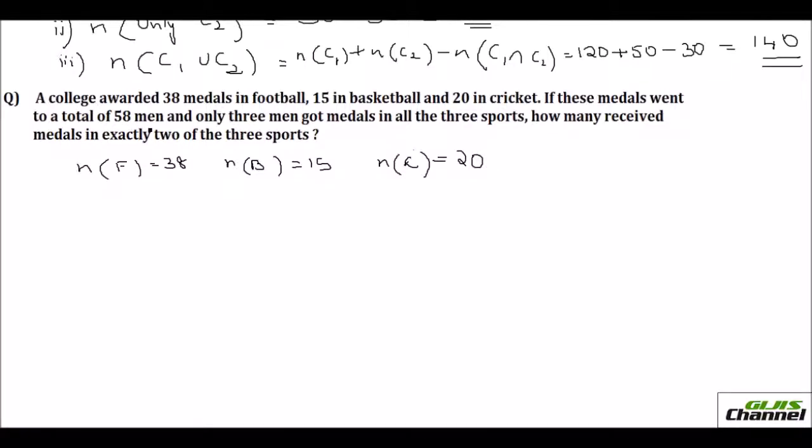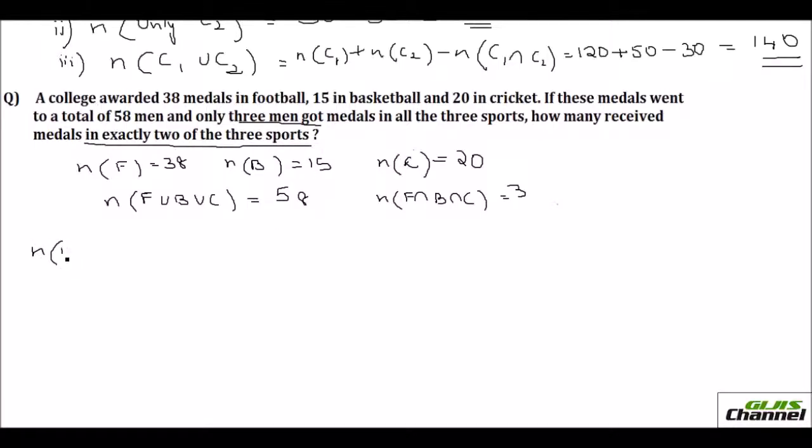The total is 58. Total is union, right? Is given as 58. And 3 men got all the 3, right? So N of F intersection B intersection C is 3. Now they ask you how many received medals in exactly 2 of the 3.